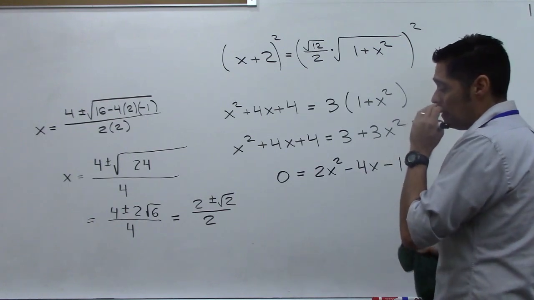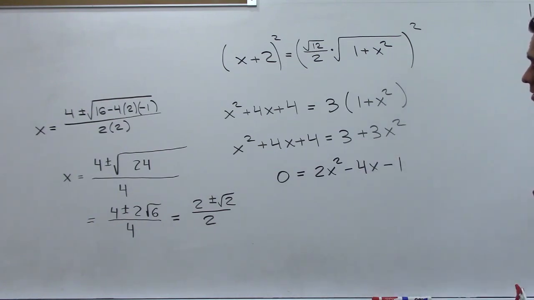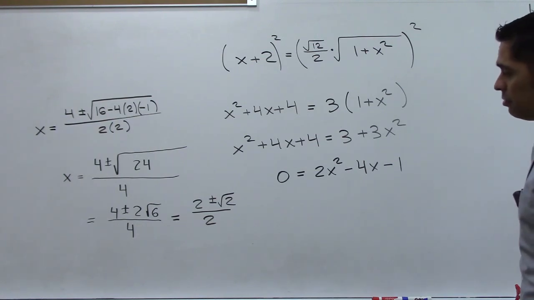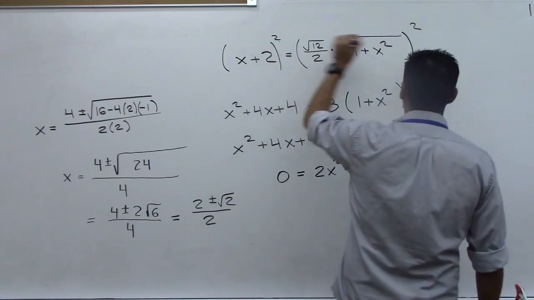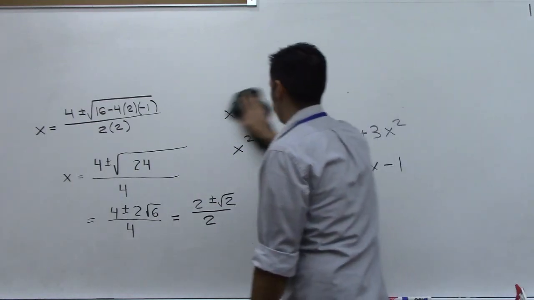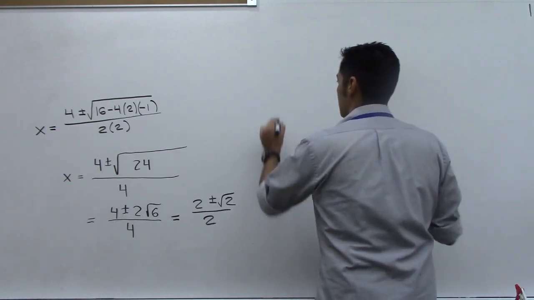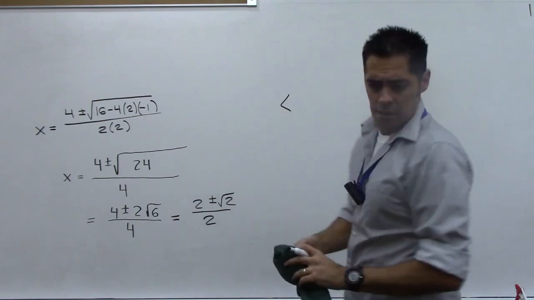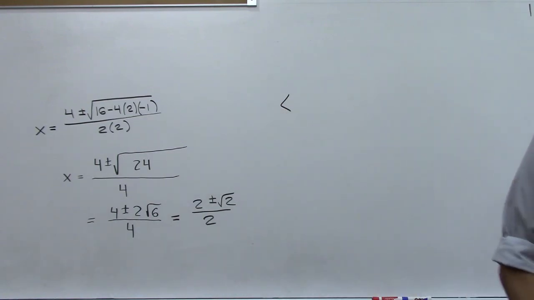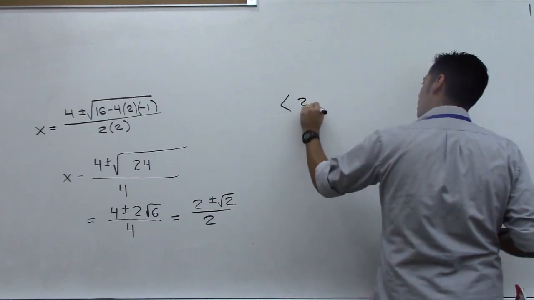Now I need to check these. The reason I need to check them is because it could be possible that I have an extraneous solution because I squared, and anytime you square an equation, you could potentially introduce a solution that doesn't work. So what I would need to do to check this is take the original vector, which was 2, 1, negative 1.